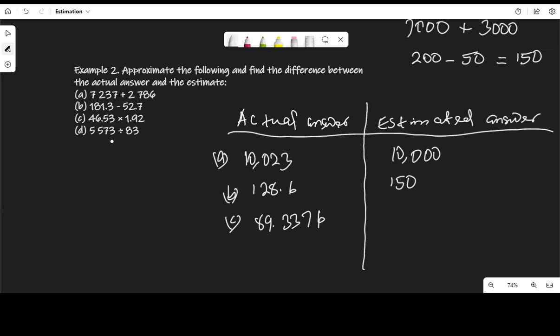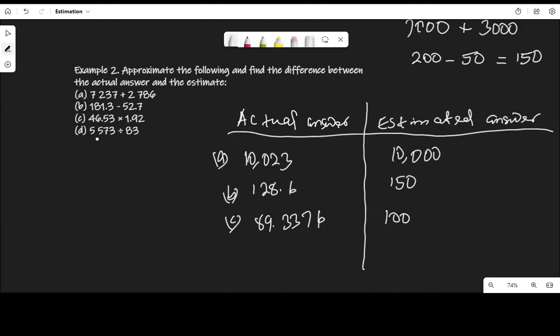Then for the estimated answer, I will round this number to the nearest 10, and this one to the nearest whole number. So the nearest 10 here is 50, and the nearest whole number here is 2. 50 times 2 is 100. You can see the difference between 89.3376 and 100 is not much. That is about 11.